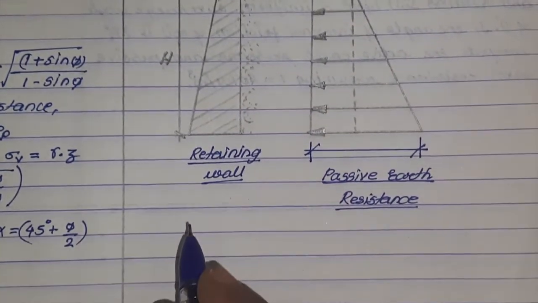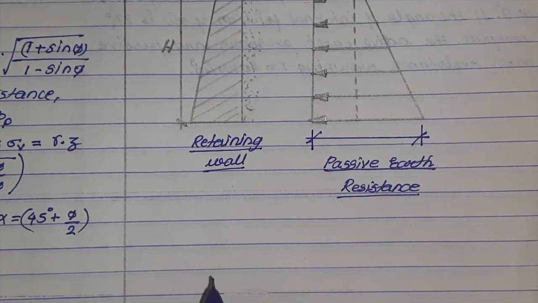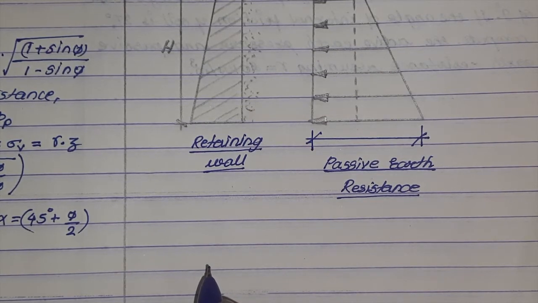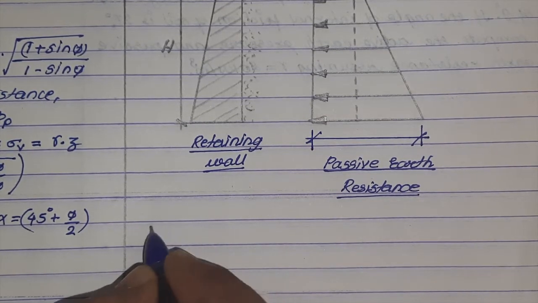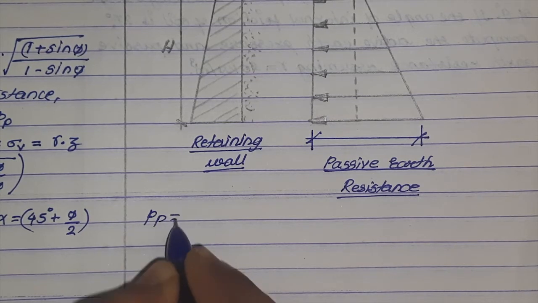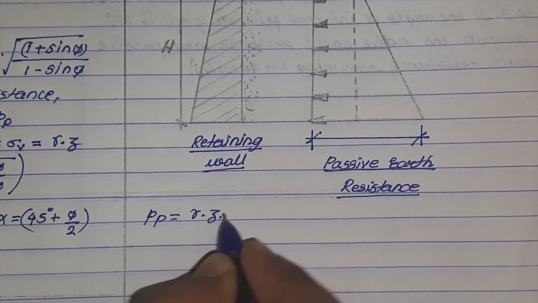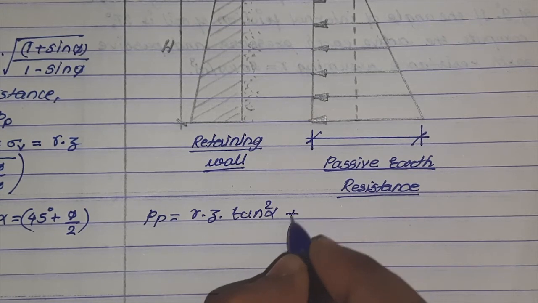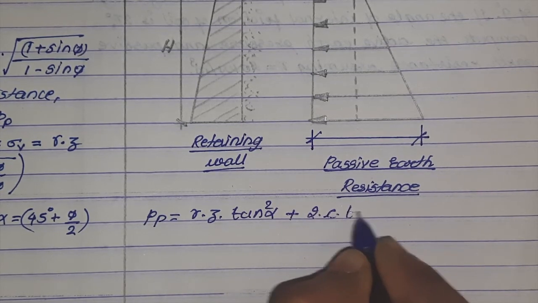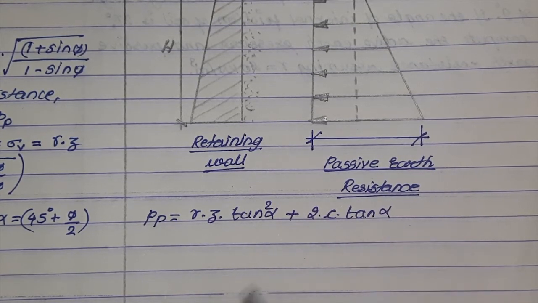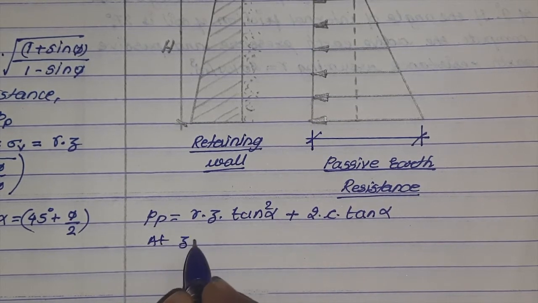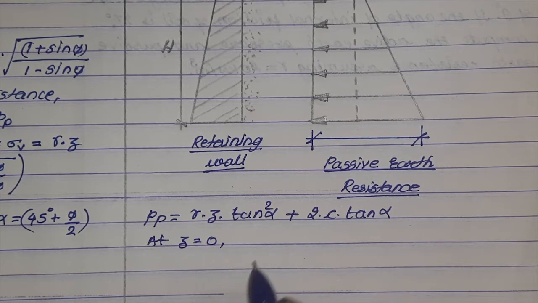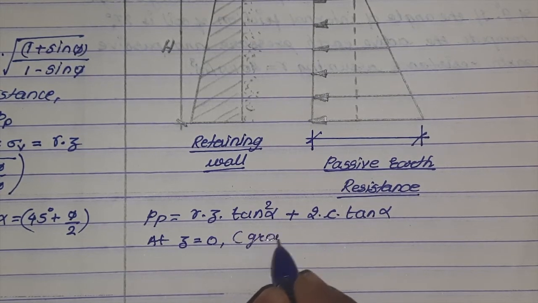Here, according to Bell's equation or the equation which we have derived, Pp is equal to gamma Z tan square alpha plus 2c tan alpha, right? At z equal to 0 means what? Ground surface.